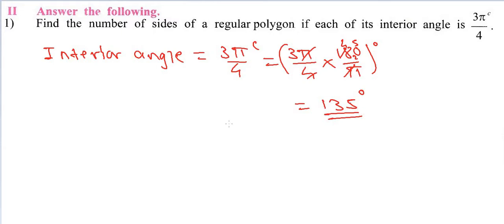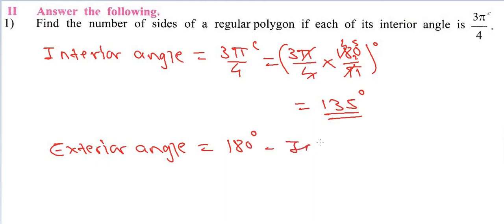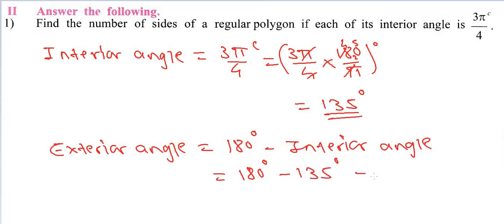Now let us find the exterior angle. The formula for the exterior angle is 180 degrees minus the interior angle. Now we have the interior angle, so that is equal to 180 degrees minus 135 degrees, that is equal to 45 degrees.